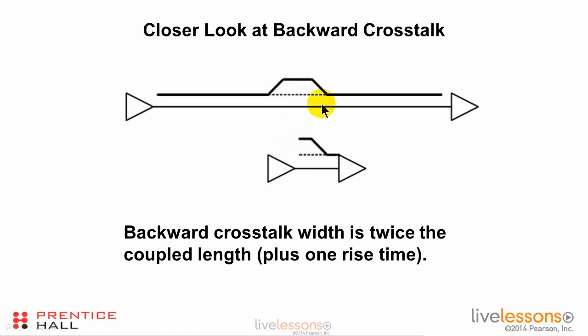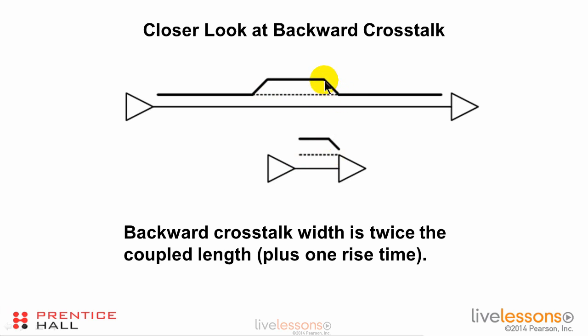And then, after we get to the end of the coupled region, we have something that actually looks a little bit like a trapezoid that now starts propagating backwards. What we're going to find out is that the width of the backward crosstalk signal is twice the coupled length plus 1 rise time.